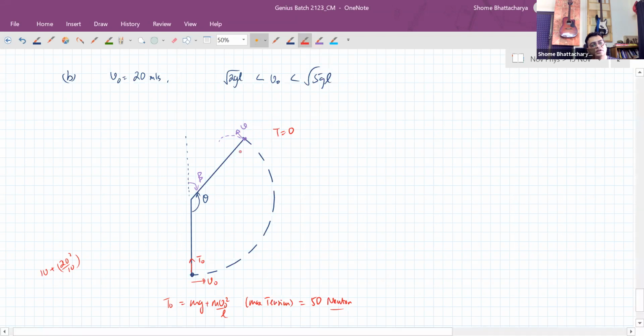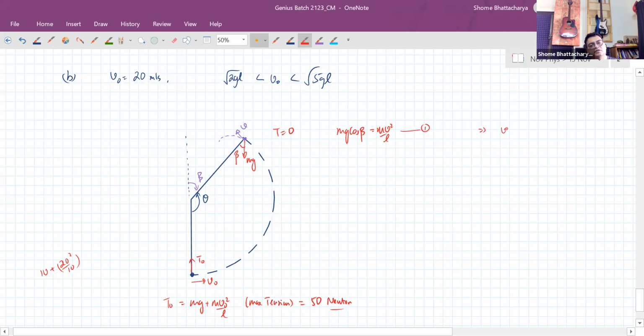So the condition for tension to become zero is that mg's centripetal component, mg cos beta, should be equal to mv square by L. Equation 1.